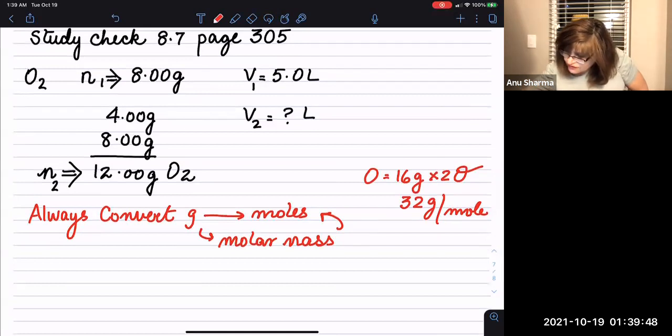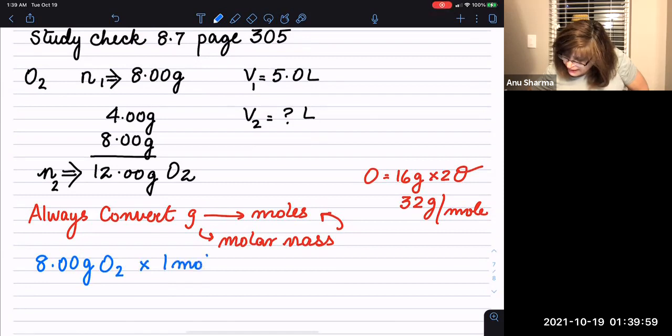In the first case, it is 8.00 grams of oxygen times 1 mole divided by 32 grams of oxygen.